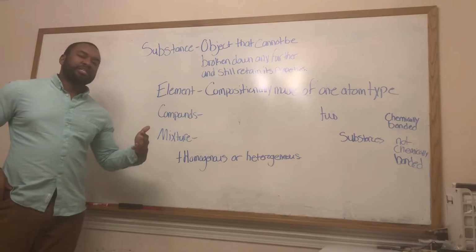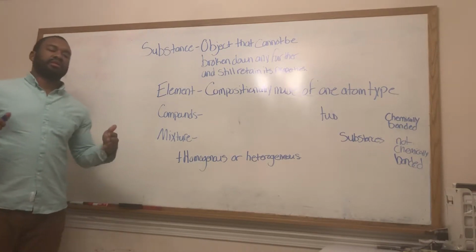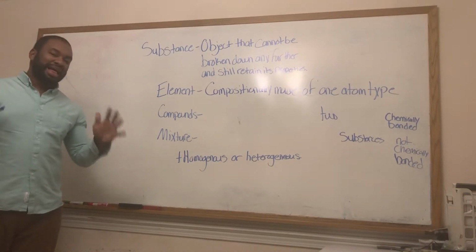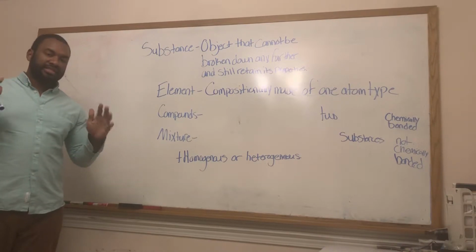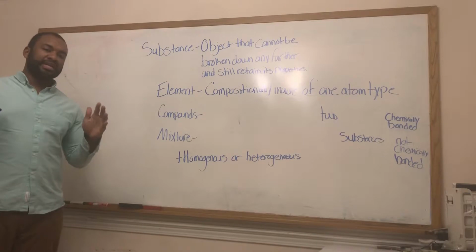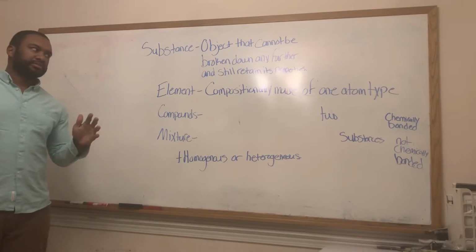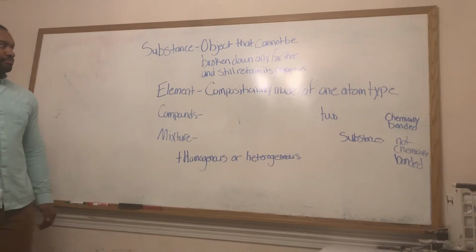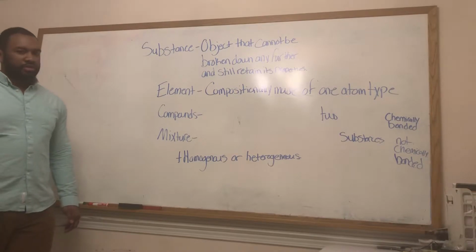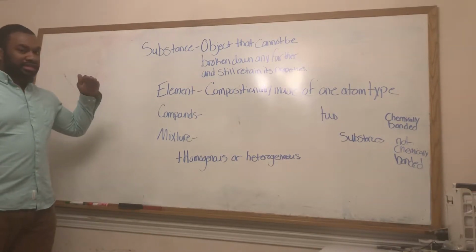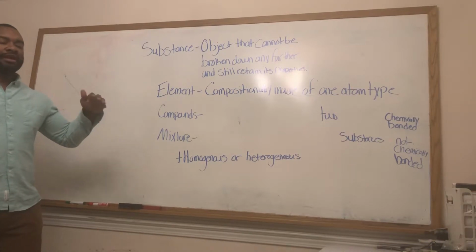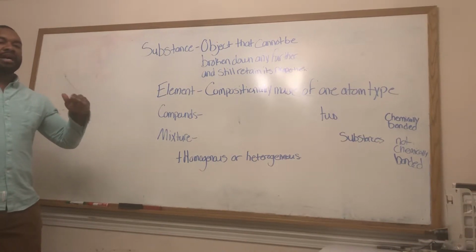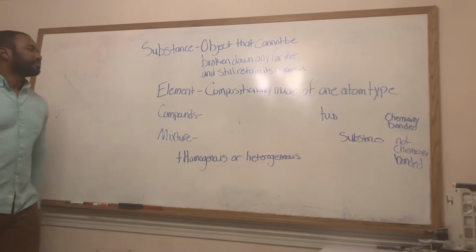So an atom is basically the smallest part of an element that can exist while still retaining the properties of that element. So it's even smaller than a substance at large, right? Substance is more macroscopic, and atoms are more on a micro level that we're talking about.